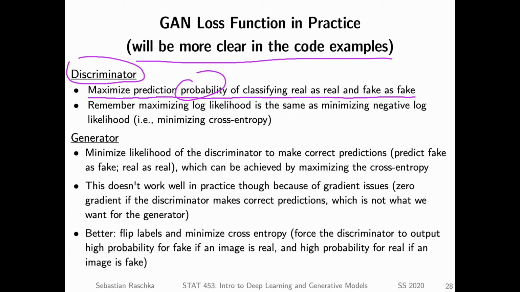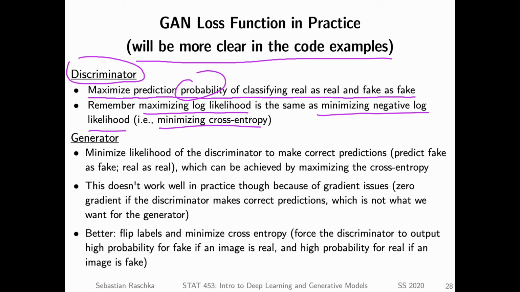Instead of maximizing the likelihood, we talked about maximizing the log likelihood when we talked about logistic regression. And that is the same as minimizing the negative log likelihood, right? In the context of logistic regression, we talked about this approach, and we used the cross entropy function in PyTorch. Why are we talking about minimizing now?